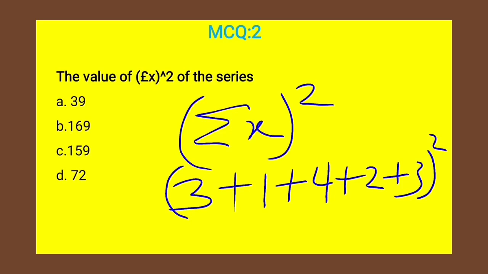So here 3 plus 1 will give me 4, plus 4 will give me 8, 8 plus 2 will give me 10, and 10 plus 3 will give me 13. So 13 squared. What is 13 squared? With the help of a calculator, you can say that 13 squared is going to give you 169 in that case. So that is resulting to be option B in that case. I also made a nice presentation about this one too. So that's the same approach that you're going to be using in that case.